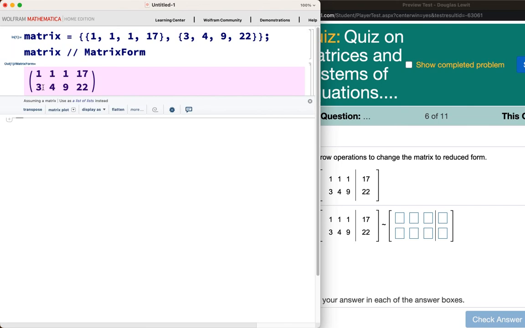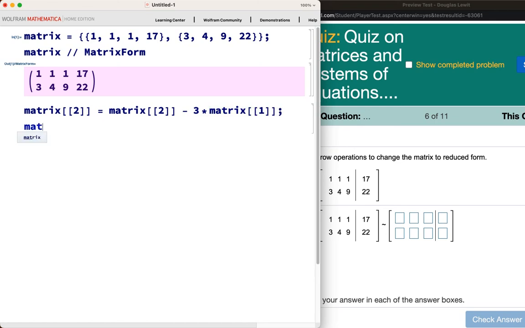So this has to become a 0, right? That 3 has to become a 0. So how do I do it? So row 2 of the matrix is equal to row 2 of the matrix minus 3 times the first row.